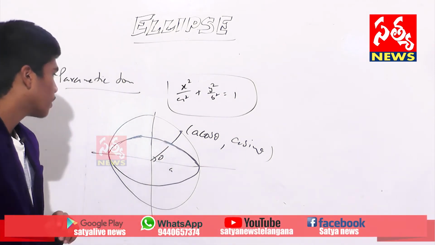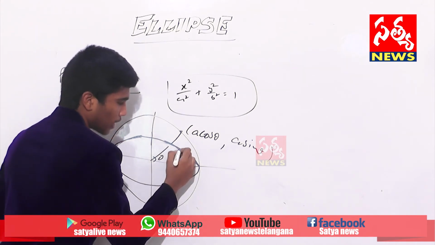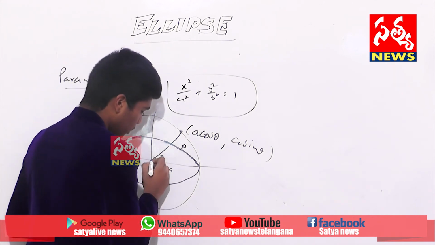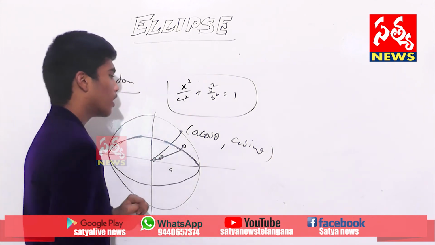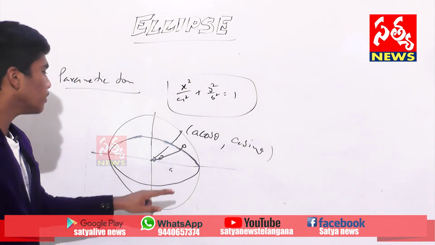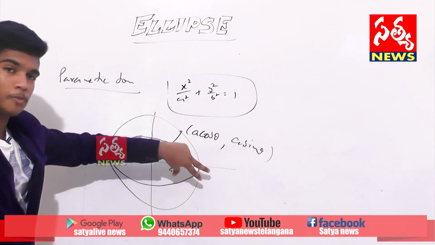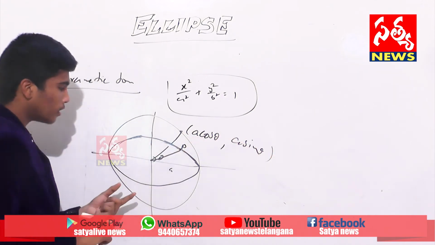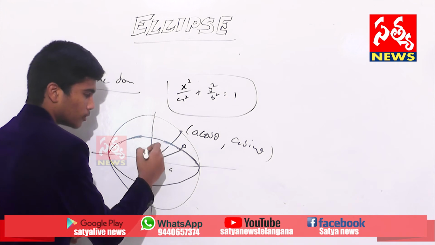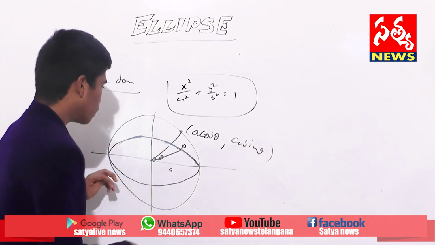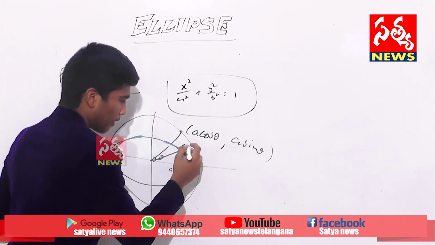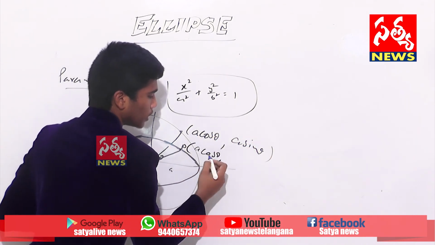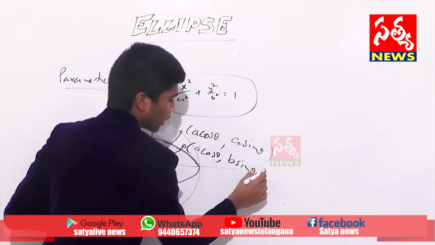Now if we take any point P randomly on this ellipse, then the parametric equation would be, as in the circle, this part and this part are equal, as this is the radius, but here this is a and this is b for the ellipse. So the point P in parametric form will become a cos theta comma b sin theta.